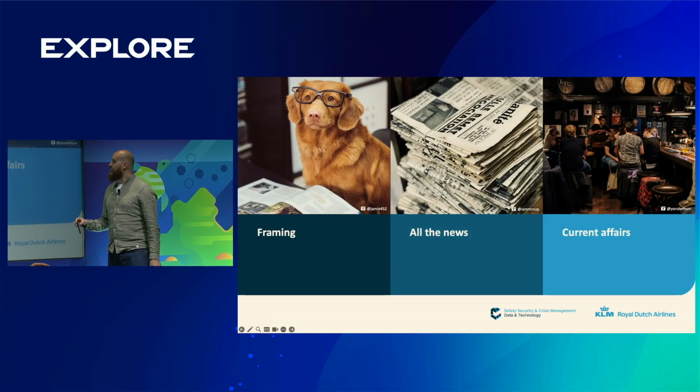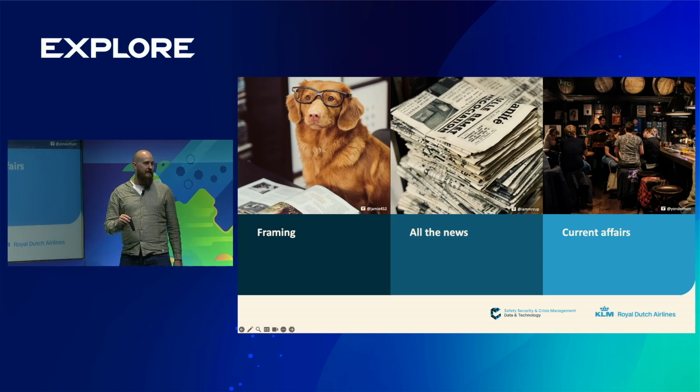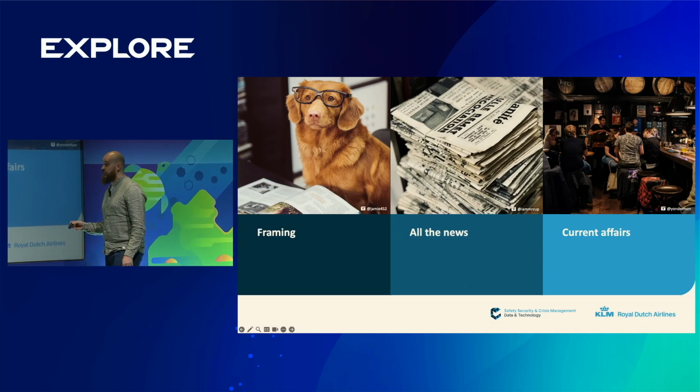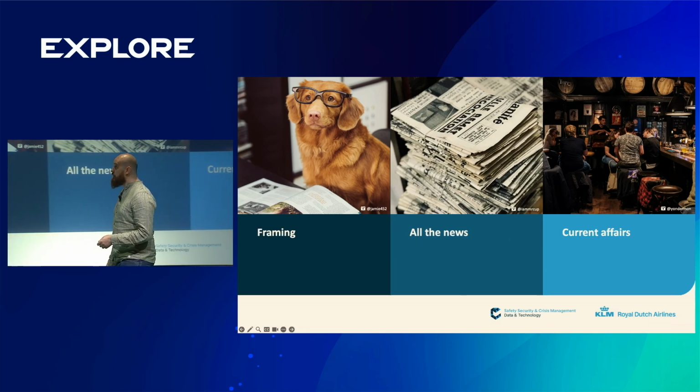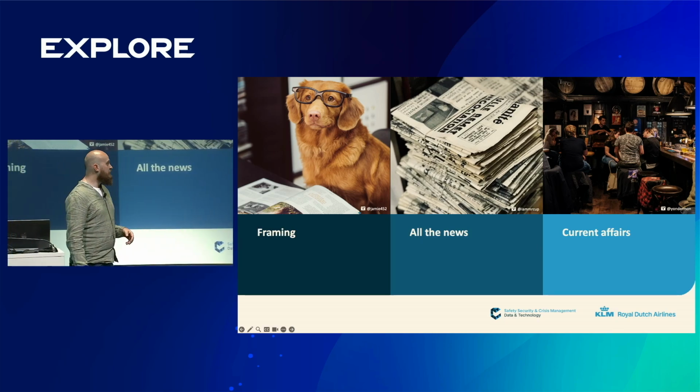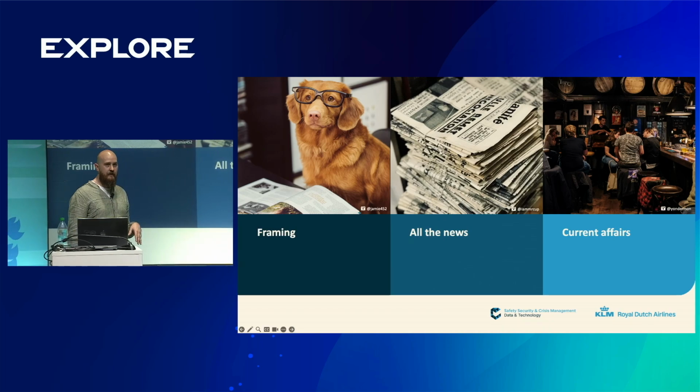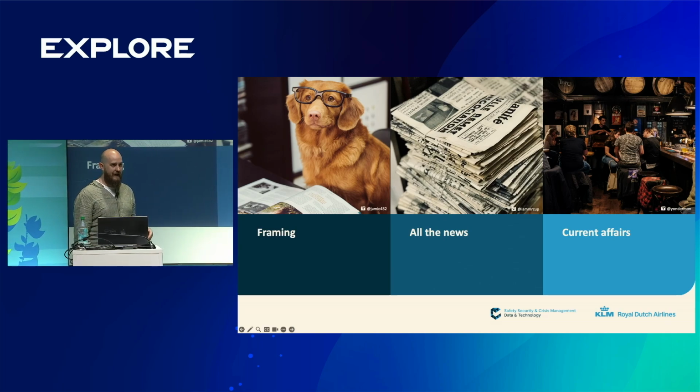Just a moment for me to speak about the intelligence officers who do this type of work. When they look at these events that are happening all around the world, they really have to put on their KLM glasses. They have to look and go, how does this affect what we are doing with KLM? So they really have to frame those things and make sure that they understand what the relevance is to KLM.